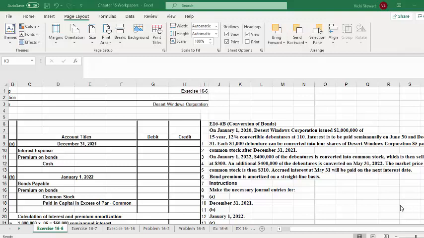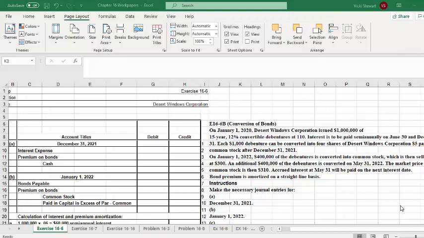Each $1,000 debenture can be converted into 4 shares of Desert Windows Corporation $5 par value common stock after December 31st, 2021. On January 1st, 2022, $4,000 of the debentures is converted into common stock, which is then selling at $300.